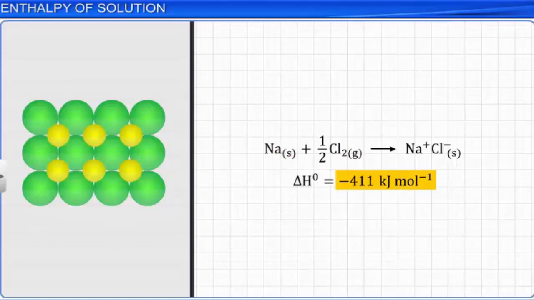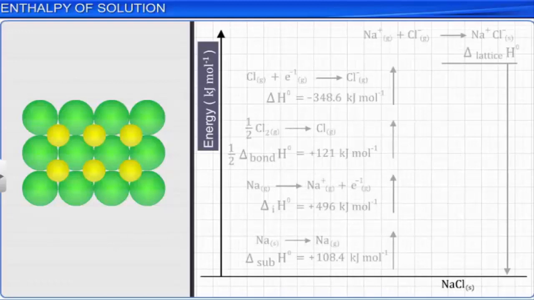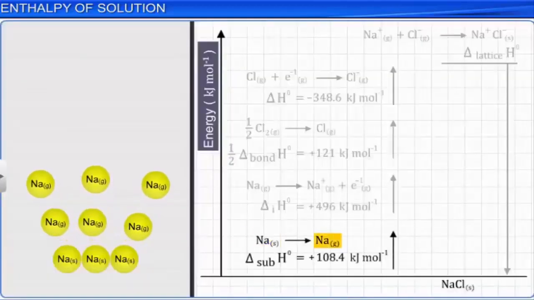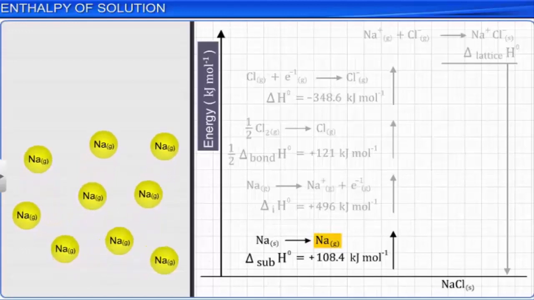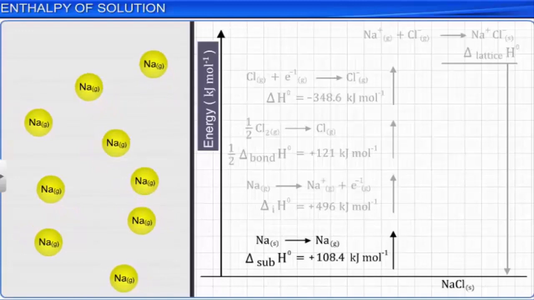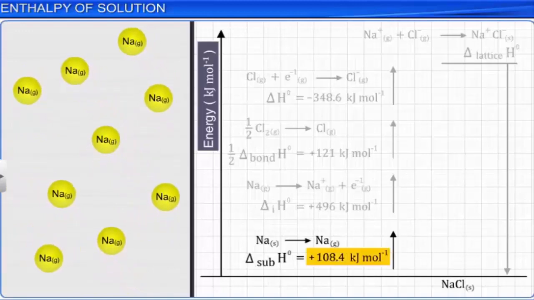Now, let's illustrate the different steps involved in the formation of sodium chloride. First, solid sodium changes to gaseous sodium atoms. The enthalpy change involved in this step is known as enthalpy of sublimation, and its value is plus 108.4 kilojoules per mole.